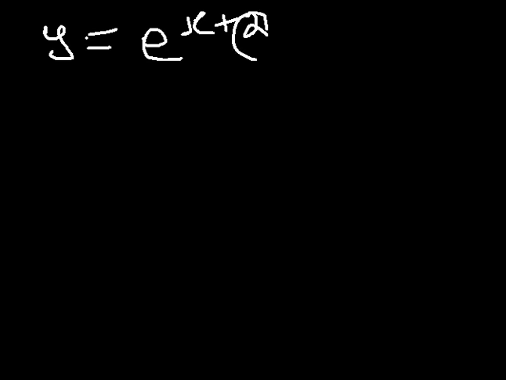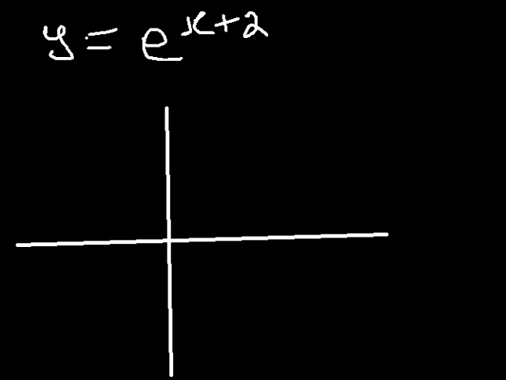In this case, this constant is part of the power of x, so it is the translation along x. It means the graph has to shift 2 steps to the left along the x-axis. So the graph will go like this.